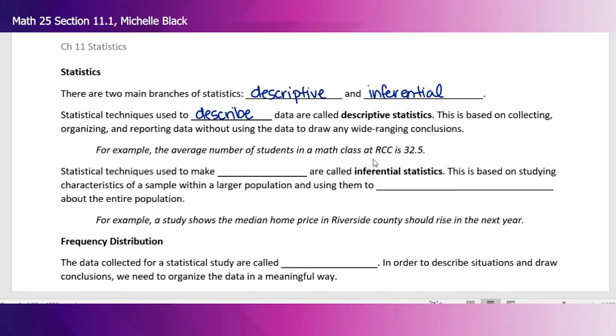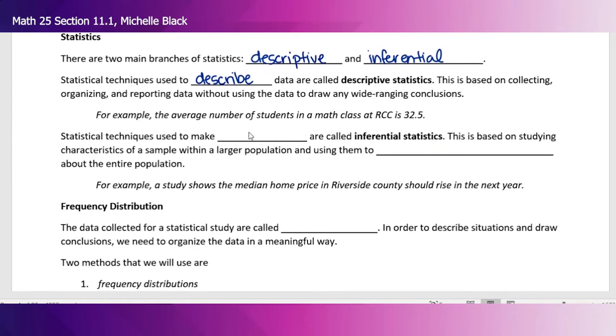This is based on collecting, organizing, and reporting data without using the data to draw any wide-ranging conclusions. For example, you could collect a lot of data and figure out that the average number of students in a math class at RCC is 32.5 people. This is clearly descriptive and it describes the average size classroom at RCC for math.